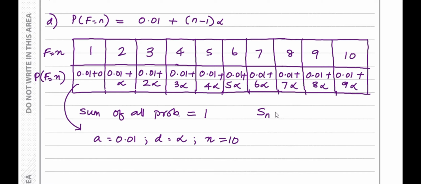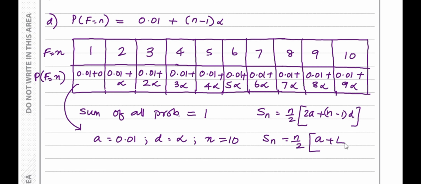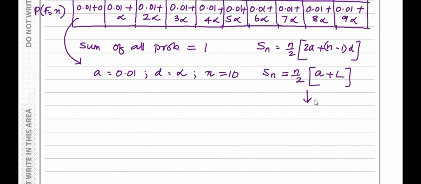One is Sn equals n over 2 bracket 2a plus (n minus 1) times d. The second, an easier one, is n over 2 bracket the first term a plus the last term. I'm going to use this formula, but you can also use the first formula and check for yourself whether you get the same result.